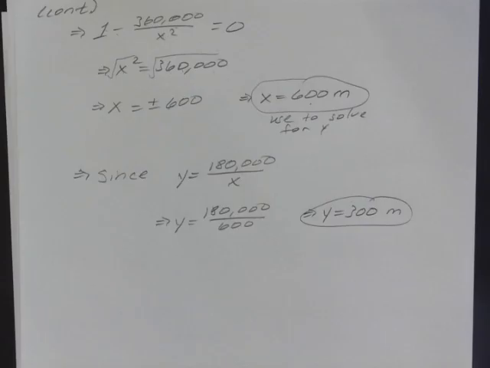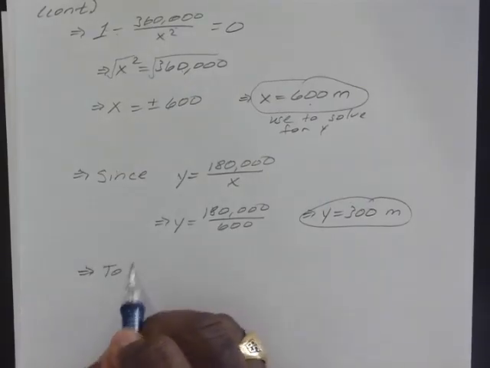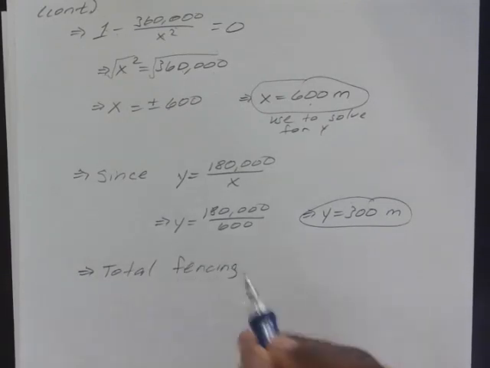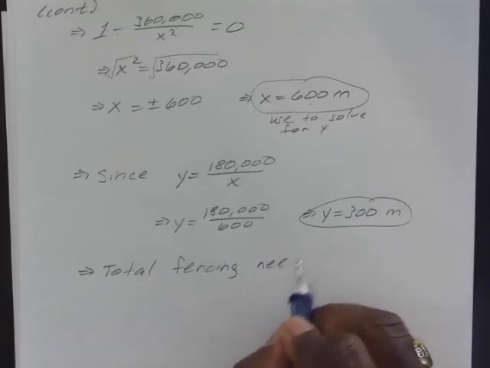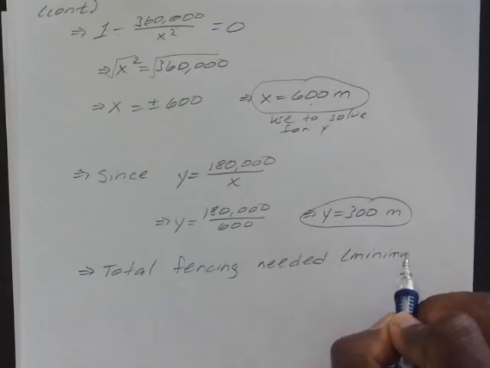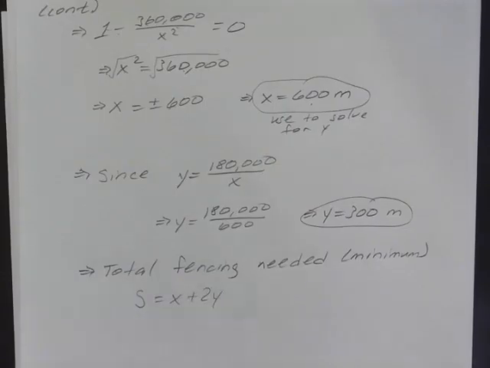Okay, so those are your dimensions, but the total fencing needed, which is our minimum. Remember, that sum was equal to x plus 2y.